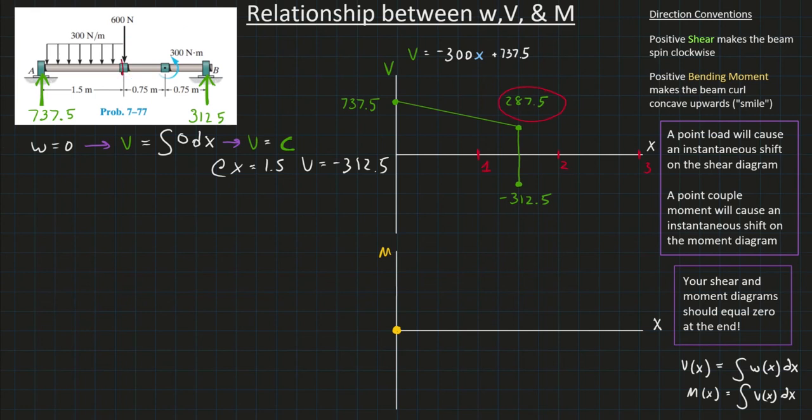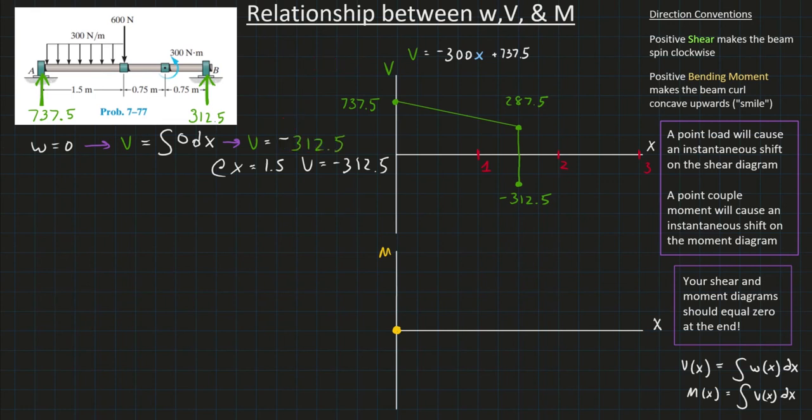Right after it, we have this negative 312. So since we're trying to figure out the v after the 600, we choose the negative 312 to figure out the c. So that's an easy one. Of course, our c has to be a negative 312.5.